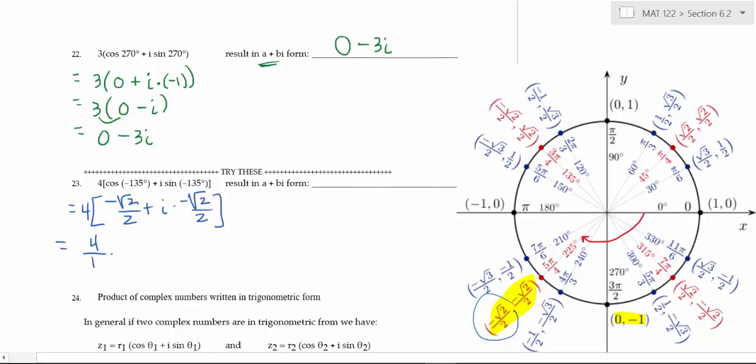So you're going to have 4. I'm going to put that over 1. Negative square root of 2 over 2 plus i times 4 over 1 times -√2 over 2, like that.